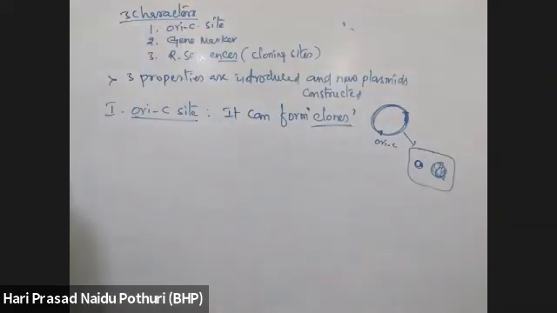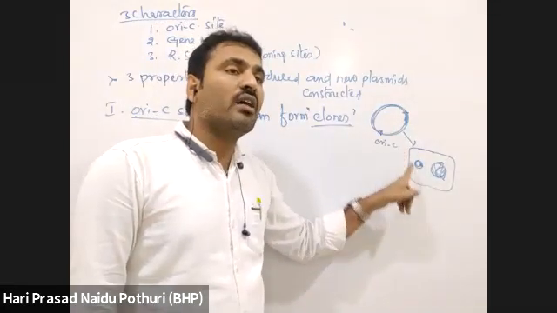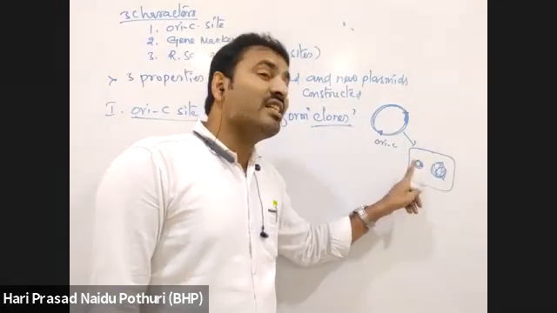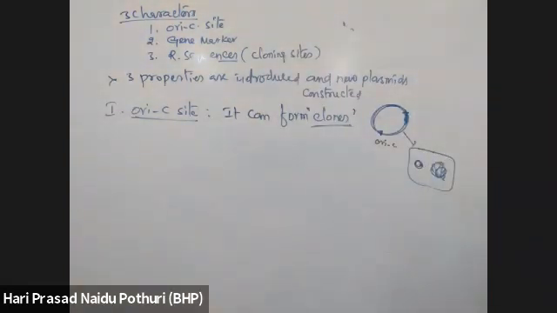Once we transfer that desired gene along with the vector into the host cell, this desired gene has to undergo replication to produce many copies. If the desired gene introduced into a host cell is undergoing replication and formation of more copies, then only its character can be expressed. Suppose this is the insulin gene, introduced into an E. coli cell.